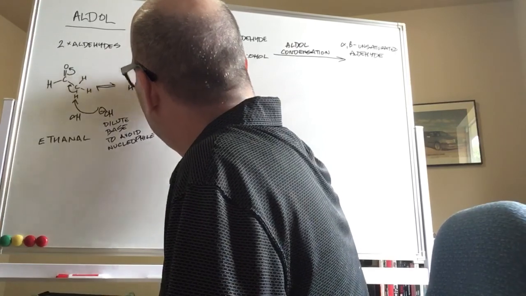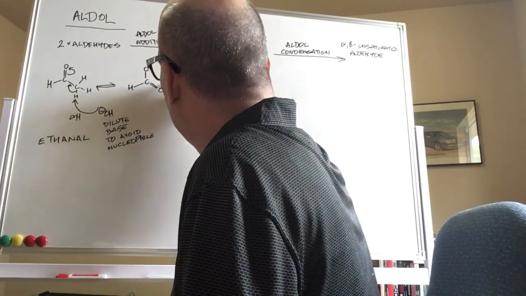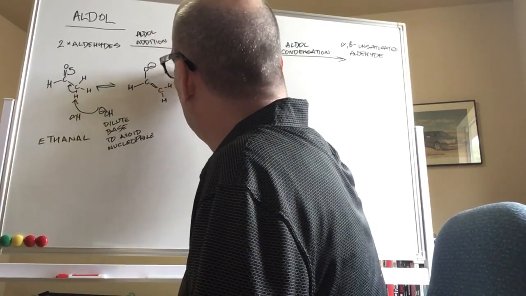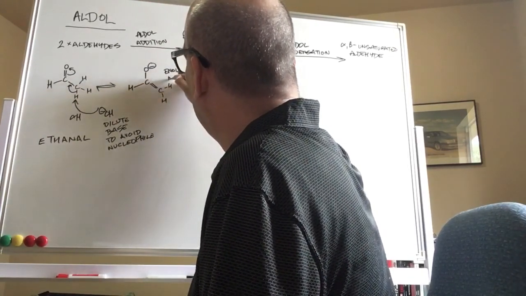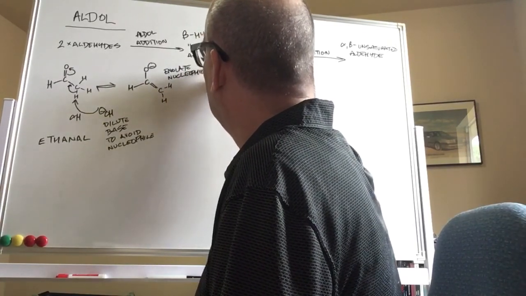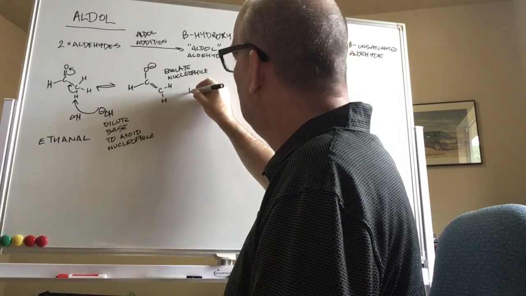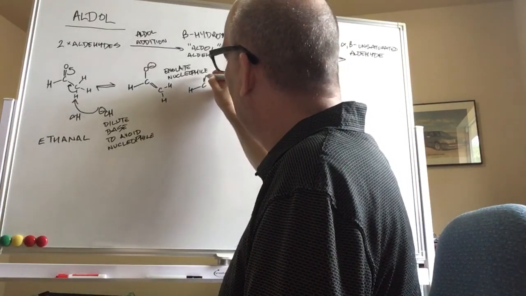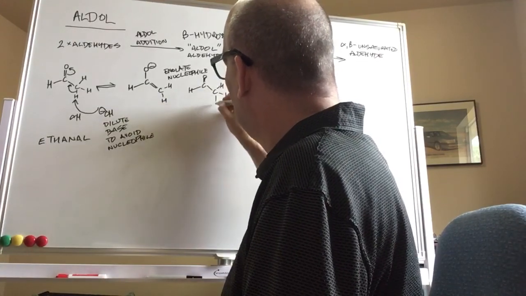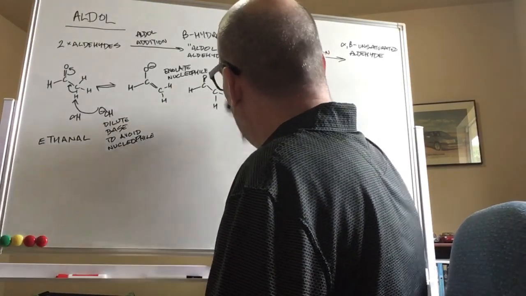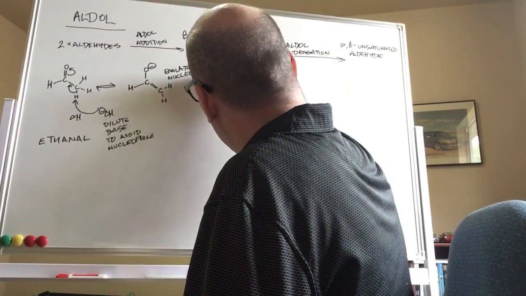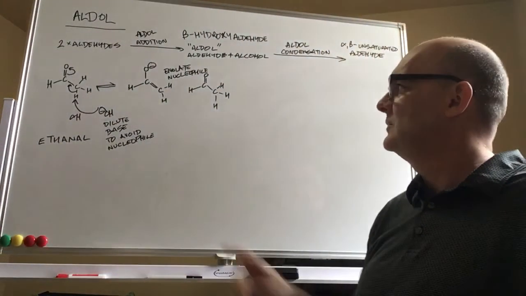So I've made an enolate. This is my nucleophile. The thing that it's going to react with is a carbonyl, because nucleophiles react with carbonyls by nucleophilic addition.